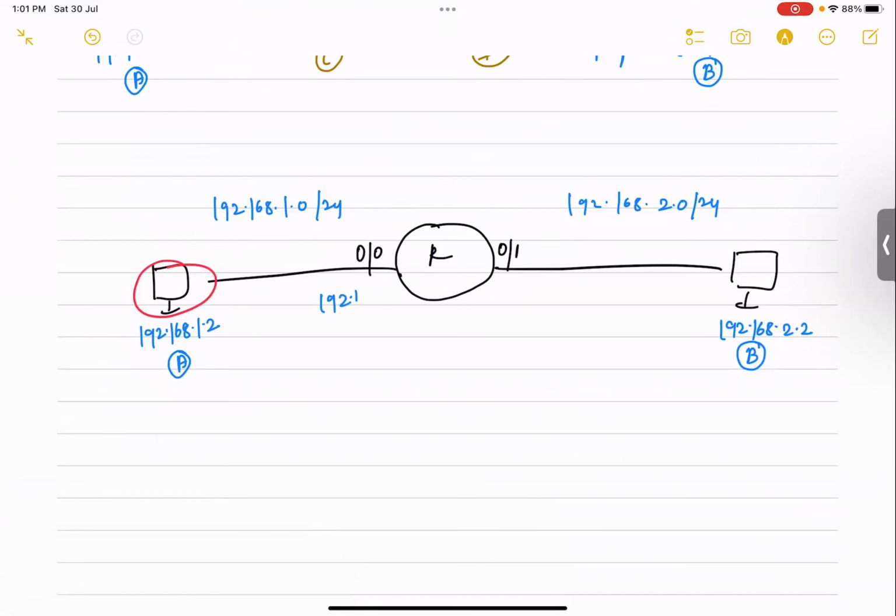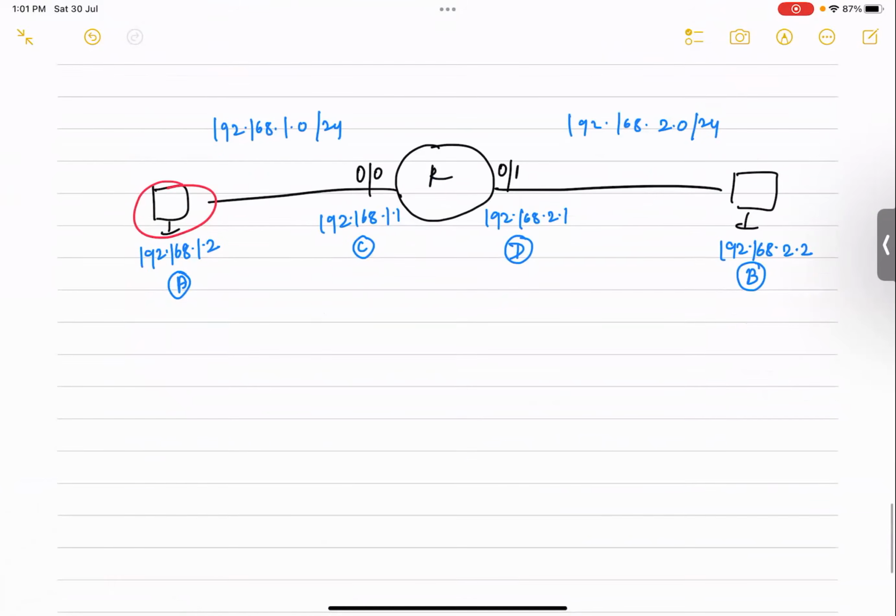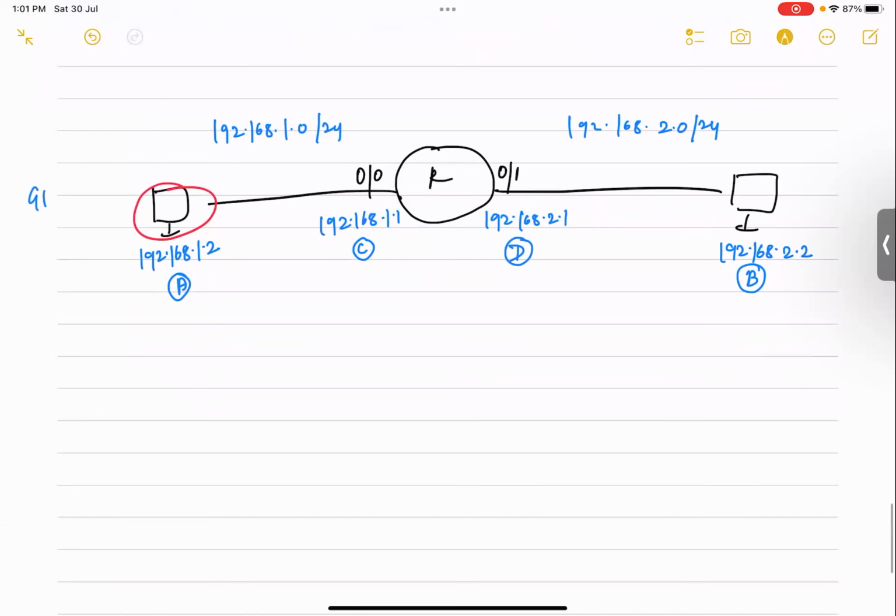This one is 1.1, C MAC. 2.1, which MAC? D MAC. Okay. Users also know which one is my gateway: 1.1. Which one is my gateway MAC? C. This one also knows the gateway IP is 2.1, gateway MAC is D.